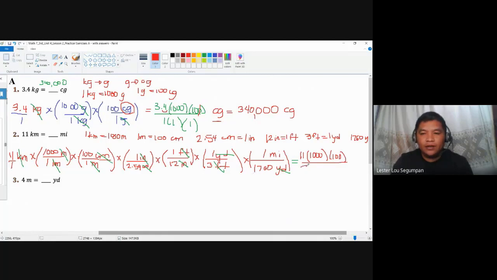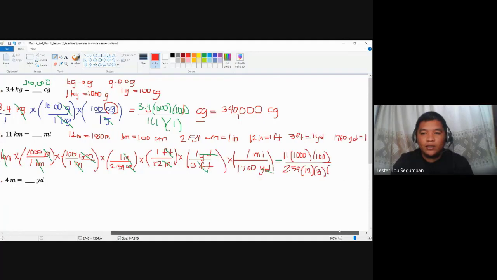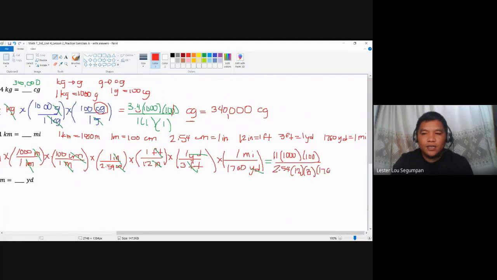And we have here 2.54 times 12 times 3 times 1760. And the unit would become miles. You may use the calculators there just for guidance, and we could actually come up with a result.